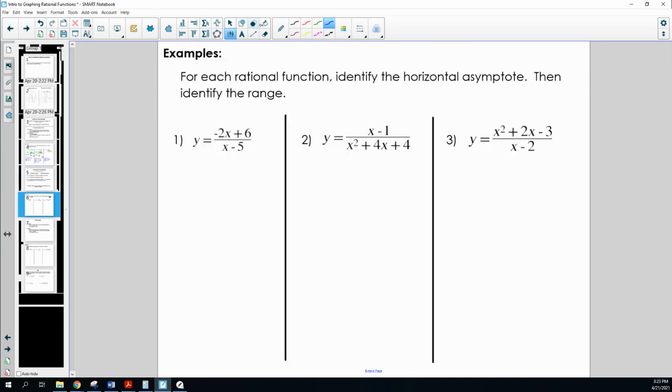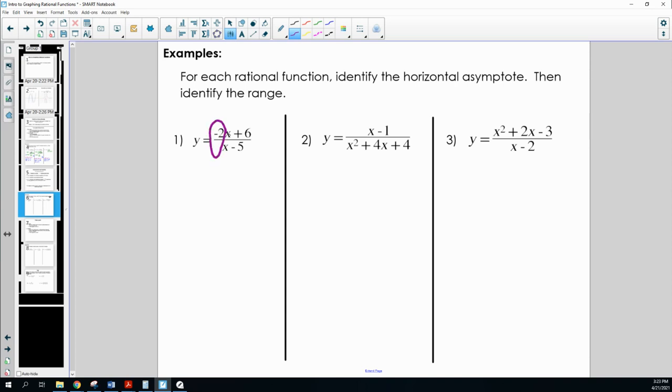Now let's look at these examples here. So for each of these, identify the horizontal asymptote and then identify the range. Okay, so remember with horizontal asymptote, we're checking the degree of the numerator and the degree of the denominator. Okay, your degree is your highest exponent. So in number 1, the highest exponent in the numerator is 1. The highest exponent in the denominator is 1. Okay, they are equal. When they are equal, we take the ratio of the coefficients.